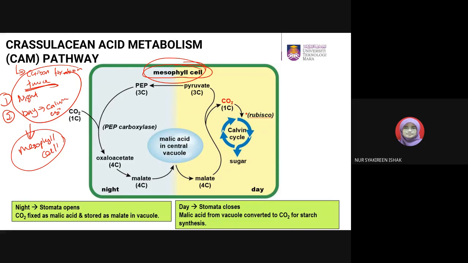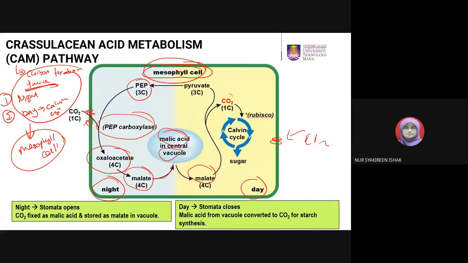Reaction dia sama. Stomata open at nighttime, carbon dioxide enters the leaf, combines with PEP, catalyzed by the enzyme PEP carboxylase, produces oxaloacetate, then malate. Malate is stored in the vacuole as malic acid during nighttime. During daytime, when stomata are closed, carbon dioxide cannot enter, so the malic acid converts back into malate. Malate splits into carbon dioxide and pyruvate.